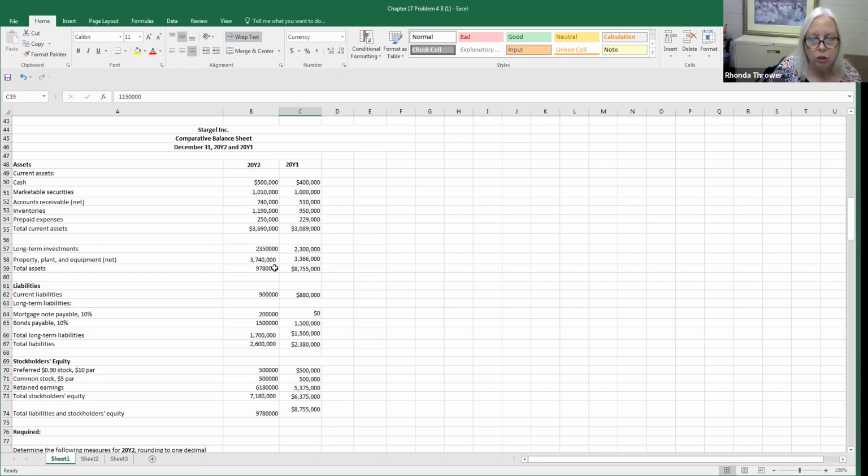We could also look at our long-term liabilities, and you can see that the long-term liabilities for year one are less than what they were in year two. So there was a difference between years 1 and 2, but there wasn't that much of a difference.